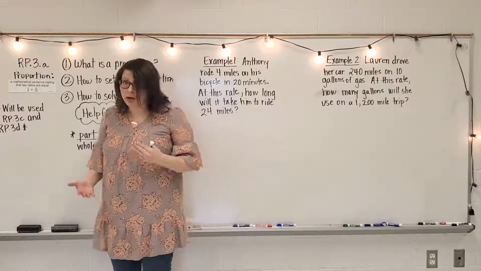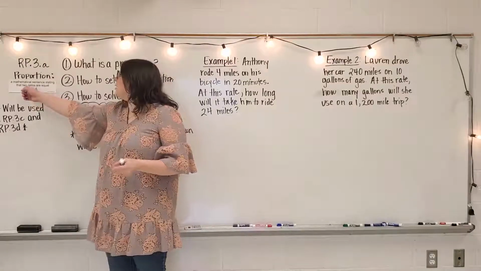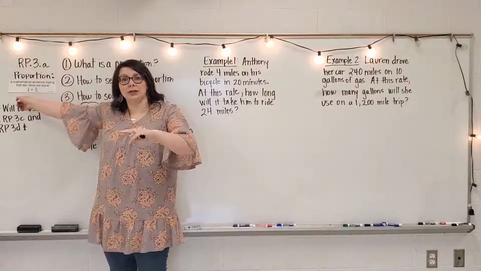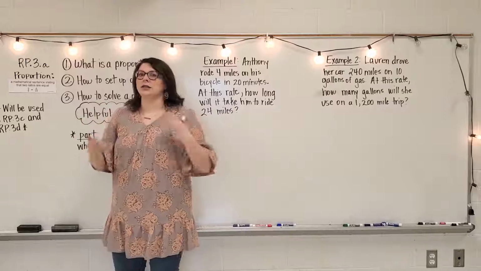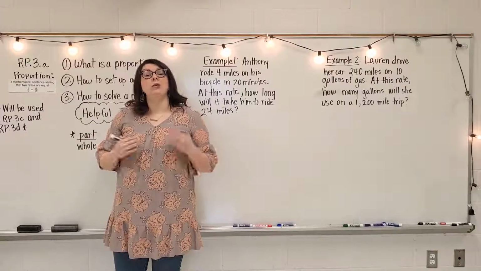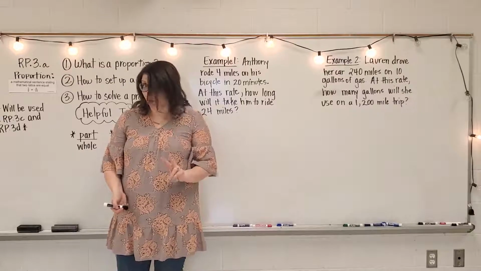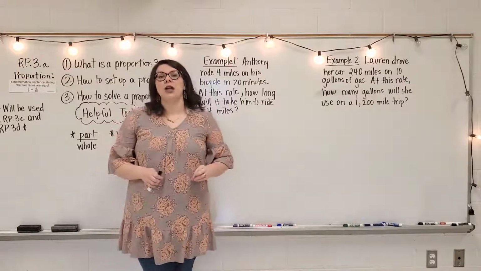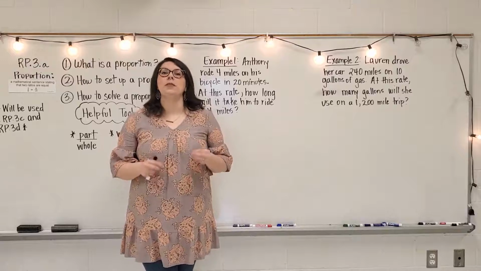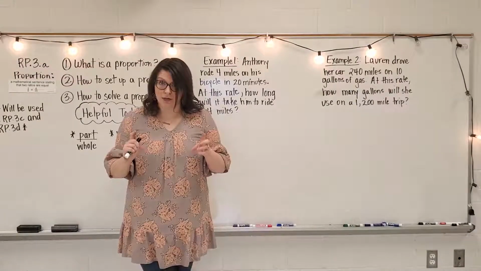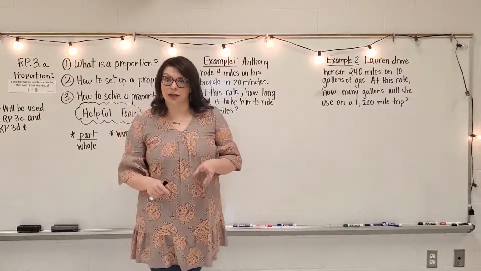We could come up with other equivalent ratios as well, because 2/6 could be divided by 2 to make 1/3, and we could continue that sequence. So proportions are two ratios that are equal. The numbers are not going to be the same, but the fractions themselves, the ratios themselves, are equivalent.